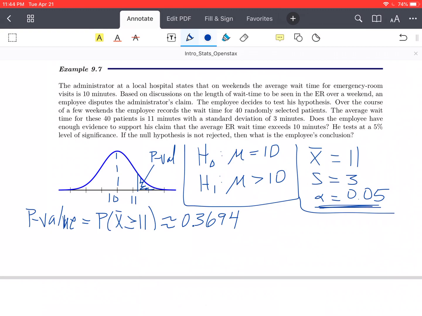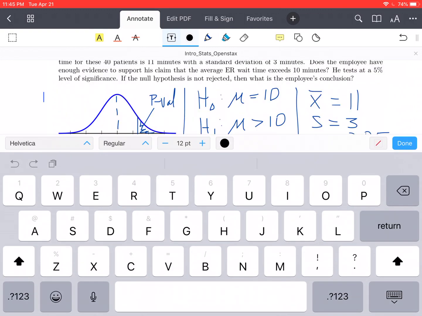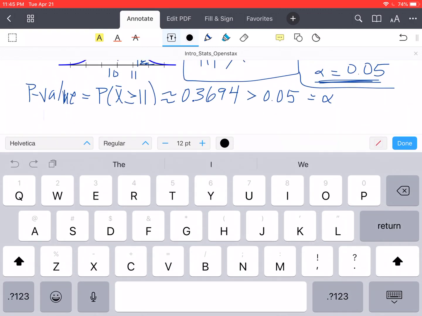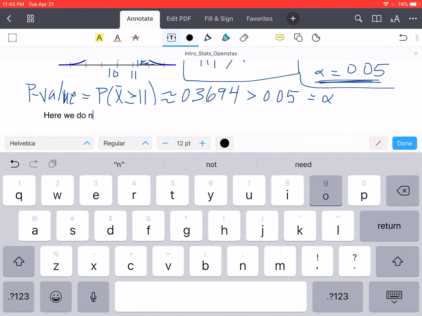So this is certainly significantly greater than 0.05, which was alpha, right? That's our alpha value. So what this tells us is we do not reject the null. Okay, so here we do not reject the null.